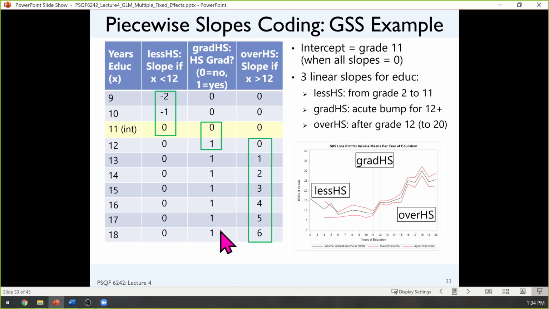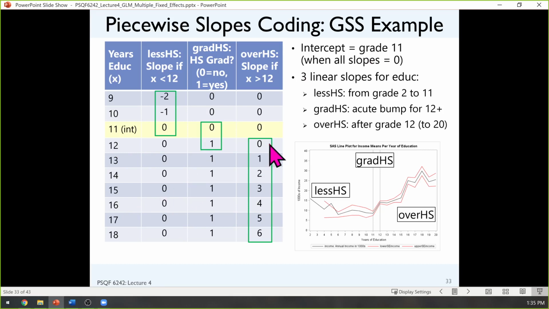Is that a saying? I 1'd it out? I think it works. Because if I had zeroed it out instead, I would have put them back down. So I want them to be able to maintain a bump across all of these higher levels of education because they at least graduated high school.